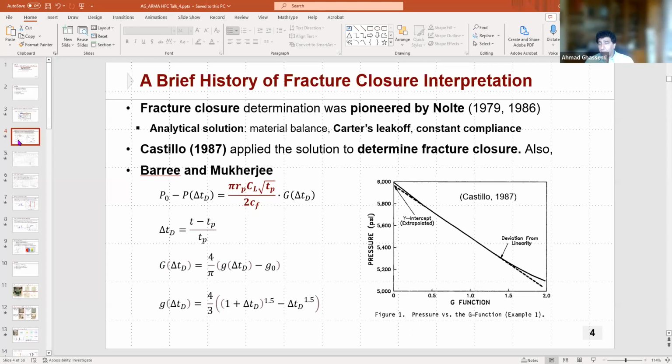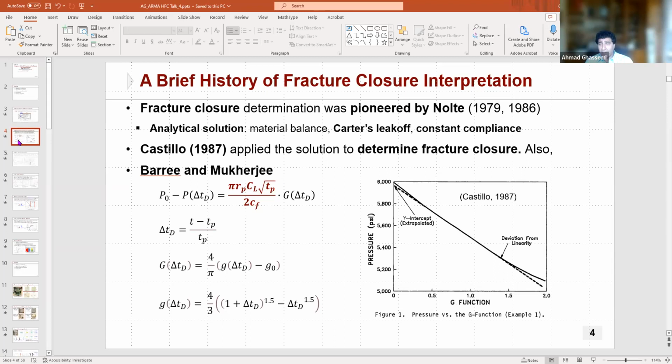And of course, that was pursued by Castillo, who applied that technique to actually determine the closure pressure, and subsequent contributions by Burry and Mukherjee, who extended Castillo's work.